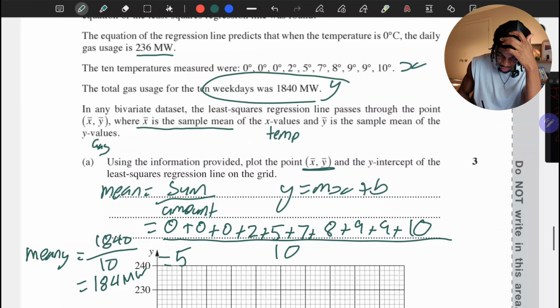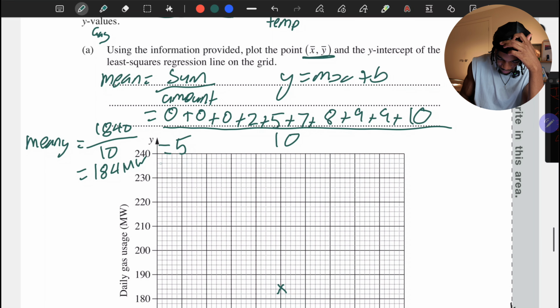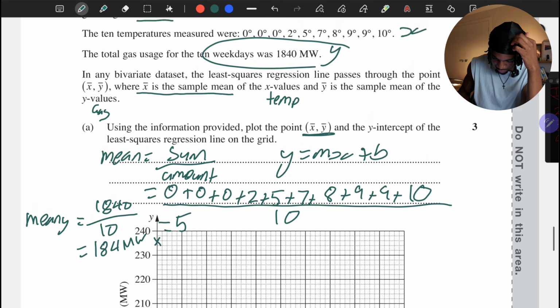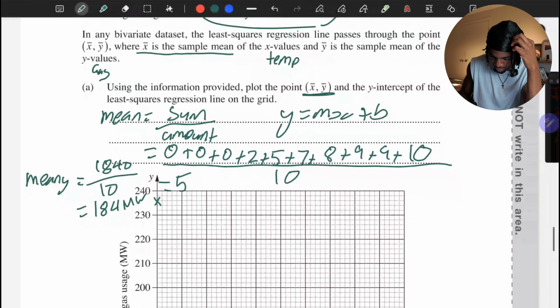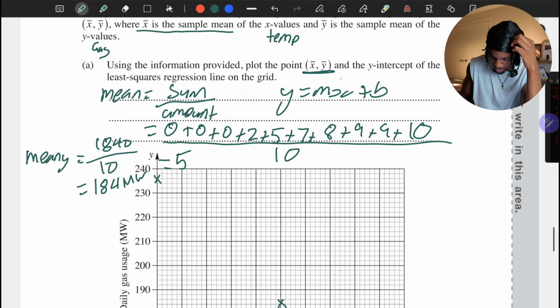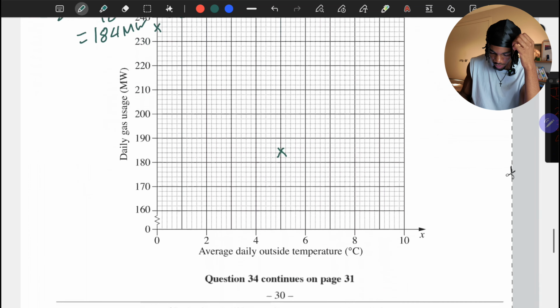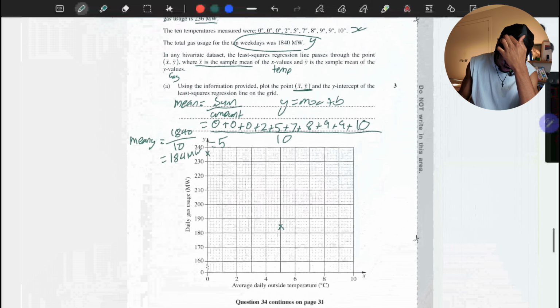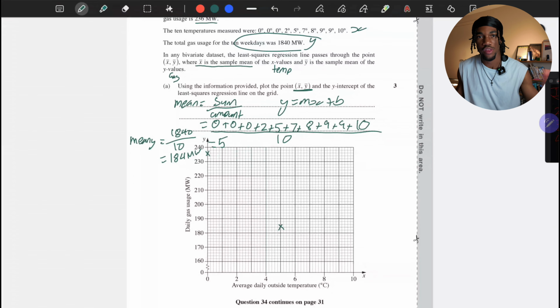So this is going to be 236. Using the information provided, plot the point and the y-intercept. So that's the first question. We plotted these points, and the next question is probably going to be to draw a line through them.